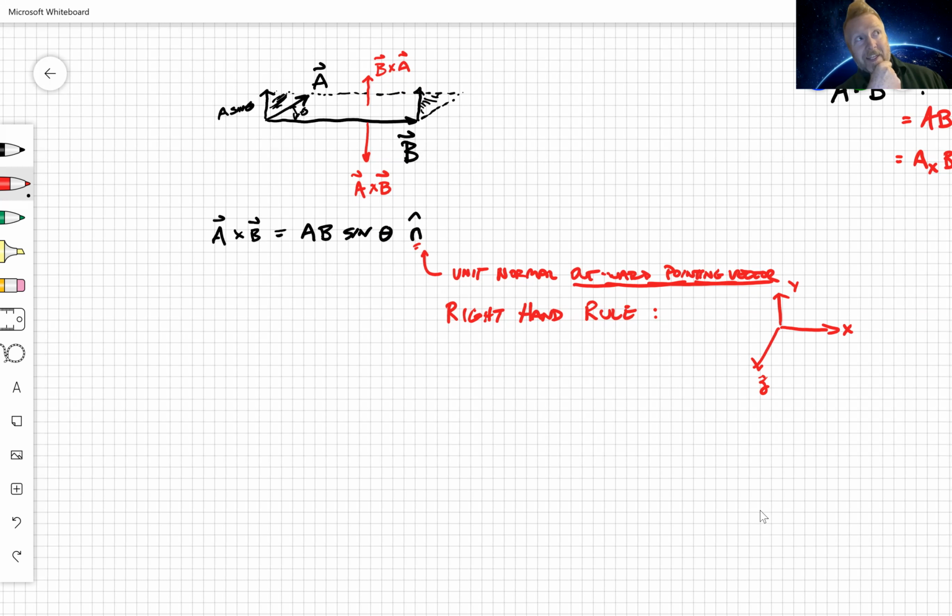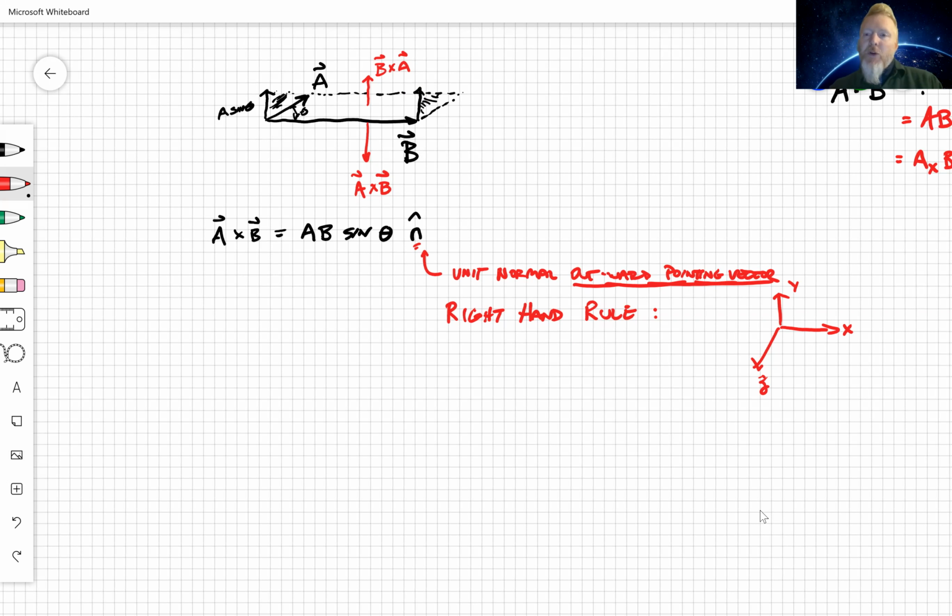There are at least three ways to do this. You put your fingers in the direction of the X, like that. And then I'm going to curl them in the direction of the Y. And then you see my thumb is pointing at me, and that's the direction of the Z. So I go X, curl in the direction of Y, then thumb points Z.